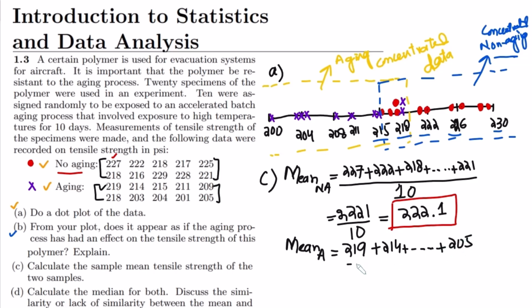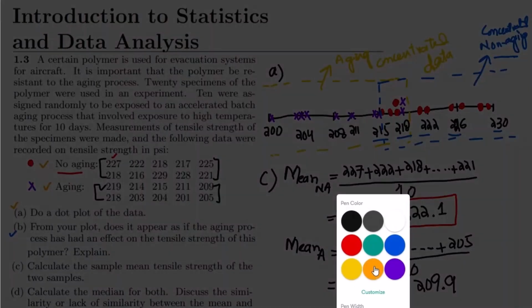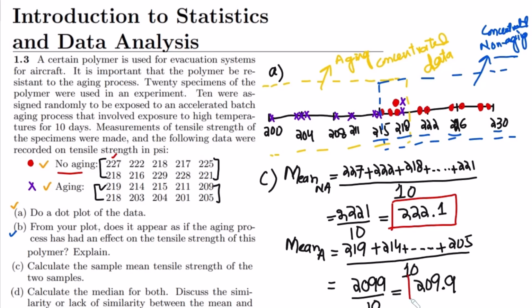Again dividing over the total number of points, which is 10. As I have already calculated, it was 2099, and dividing over 10, I will get 209.9, and that is the mean tensile strength for the aging data.